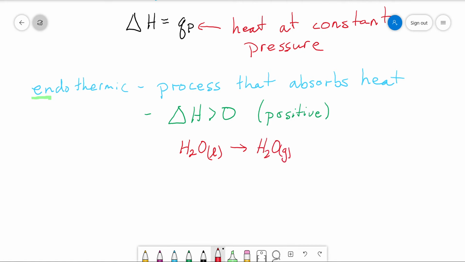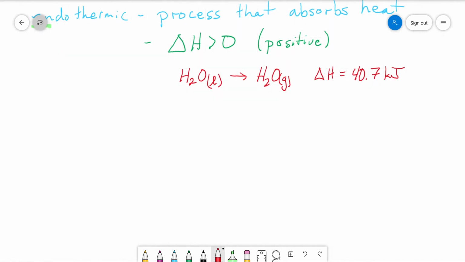Now we can all reason out that vaporizing liquid water to gas takes some energy. And the delta H for this reaction is 40.7 kilojoules. Now the opposite of endothermic, you probably know, or may know I should say, is exothermic.